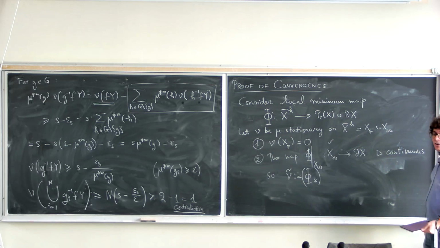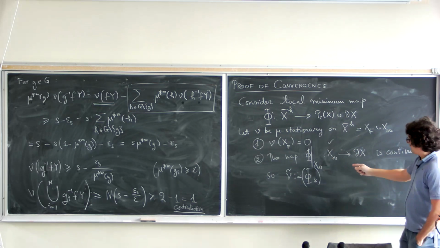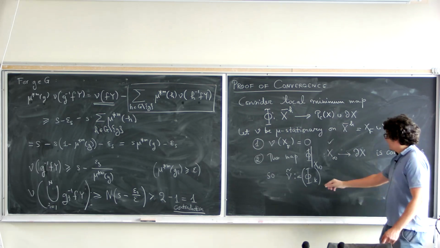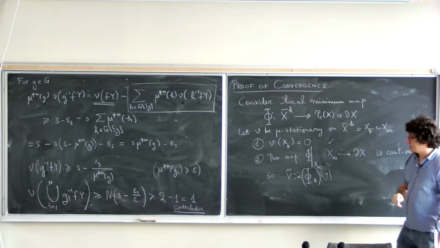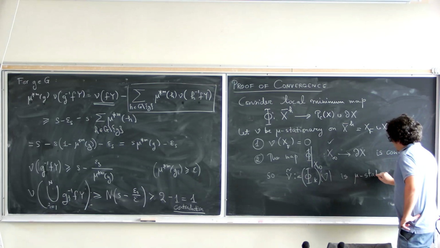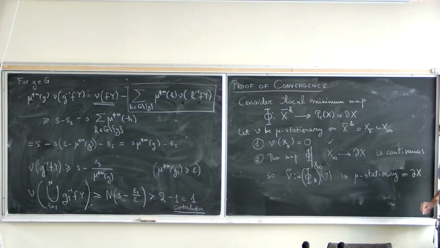This is something people overlook, but if you overlook it, you get something wrong. The category is of continuous maps. Recall a measure is something in the dual of continuous functions. So we push forward nu, and this nu tilde is stationary on the boundary. Finally, we are able to produce a measure that is stationary on the Gromov boundary, even though the Gromov boundary is not compact. But we are able to do it by push forward.